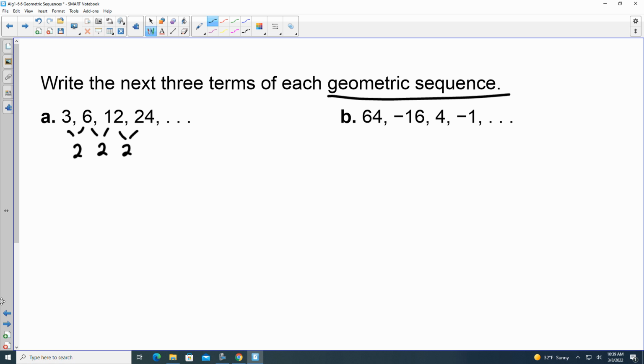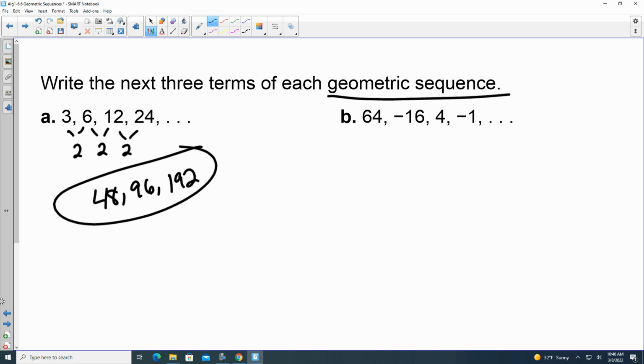So it has a common ratio of 2. So 24 times 2 is 48. 48 times 2 is 96. 96 times 2 is 192. So those would be the next 3 terms in the sequence because you just multiply by 2.